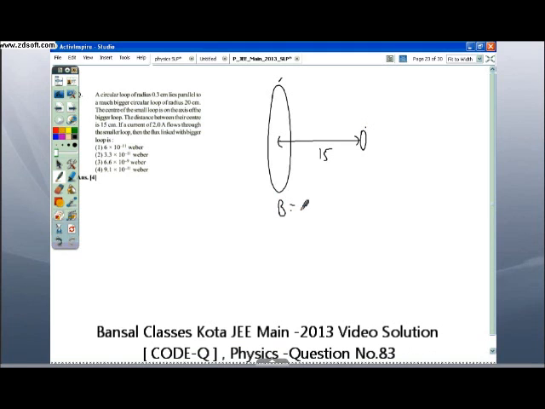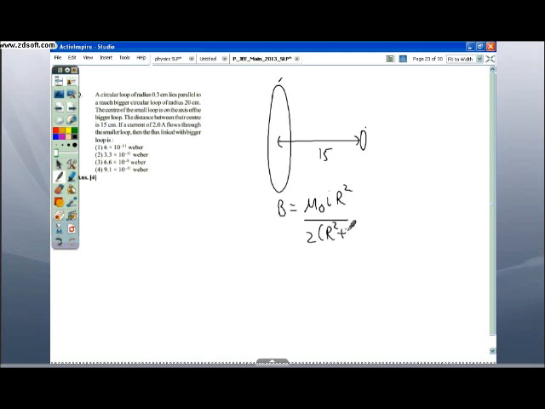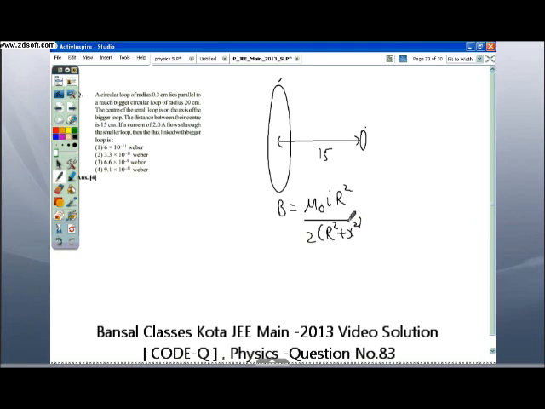We can say B equals mu naught I into R square upon 2 into R square plus X square to the power 3 by 2.